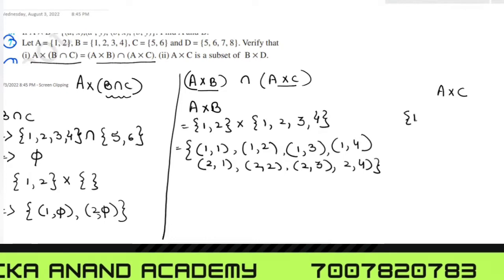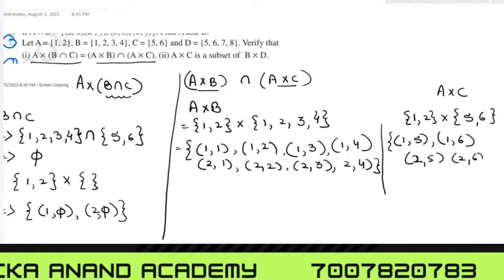Now I'm doing over here A cross C. So which is 1 and 2 cross C, that is 5 comma 6. So we have a set 1 comma 5, then 1 comma 6, then 2 comma 5 and 2 comma 6.